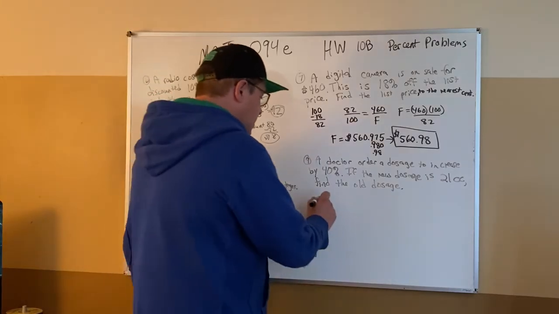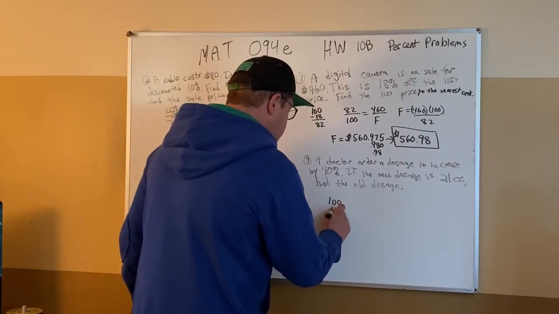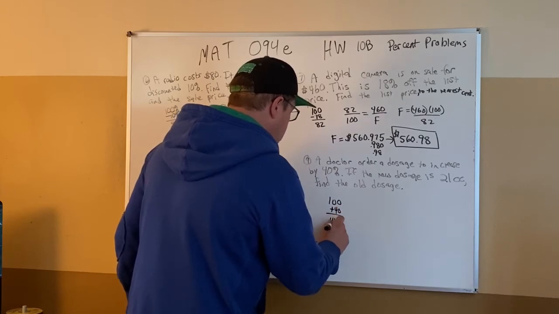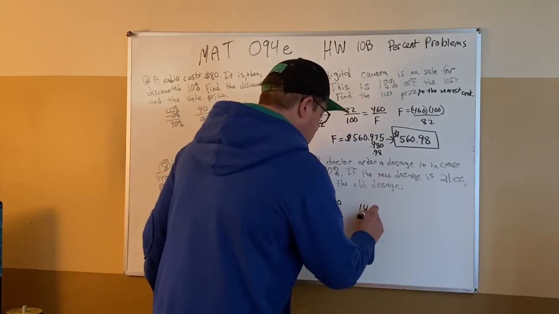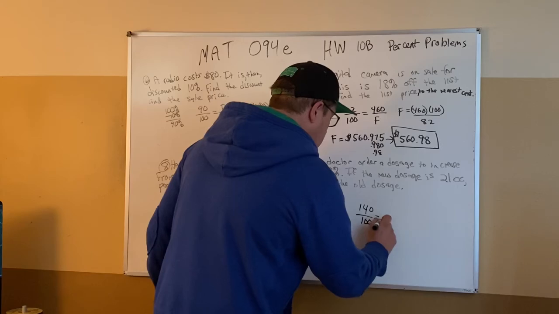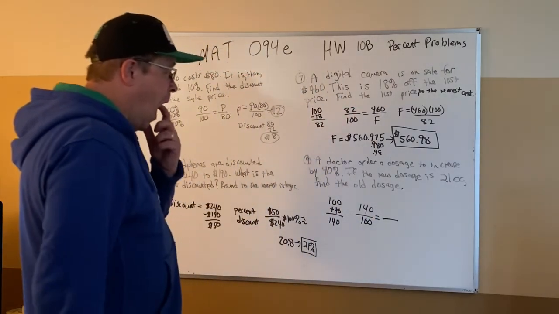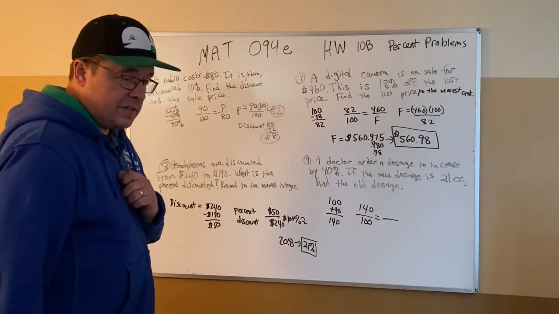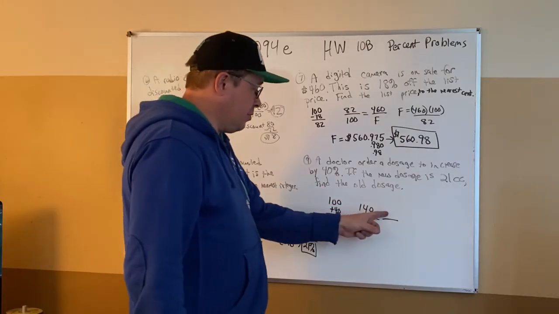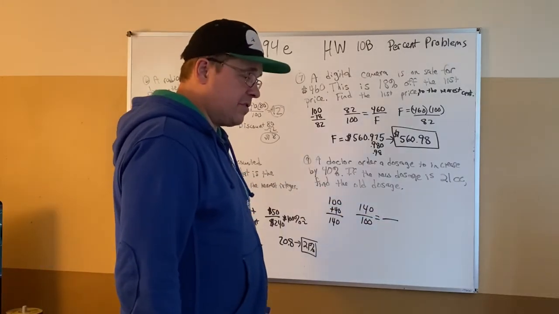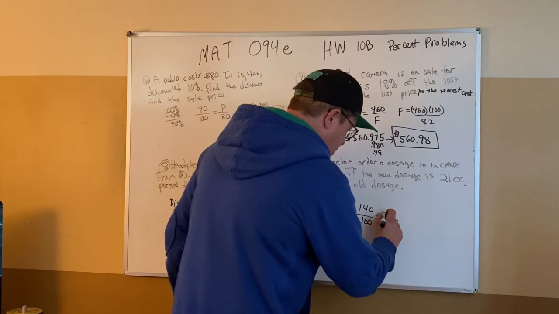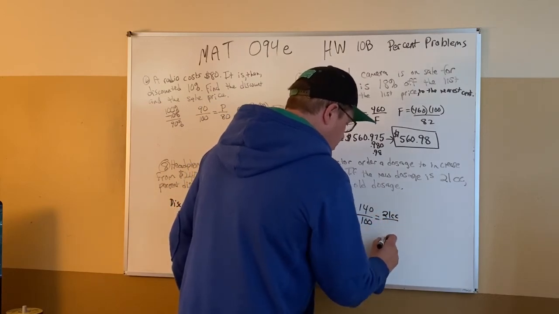Okay, we have a 40% increase. We begin with 100%, but the doctor makes it higher. So she has now ordered 140%. 140 over 100 is equal to, and now the new dosage is 21 cc's. So you have to decide, is the new like the 140% or is the new like the 100%? And the new is the 140%. So that's where you put the 21 cc's.